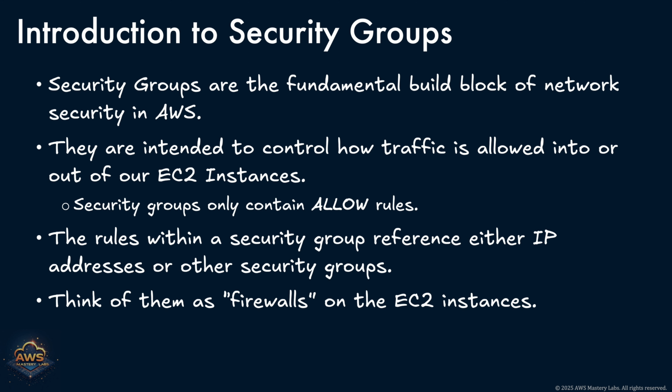Source destination refers to the communication endpoints, where the source is for incoming traffic and the destination is for outgoing traffic. If an instance is associated with multiple security groups, their rules are aggregated, allowing all traffic permitted by any of the groups. This provides flexibility in defining and managing network security at the instance level.